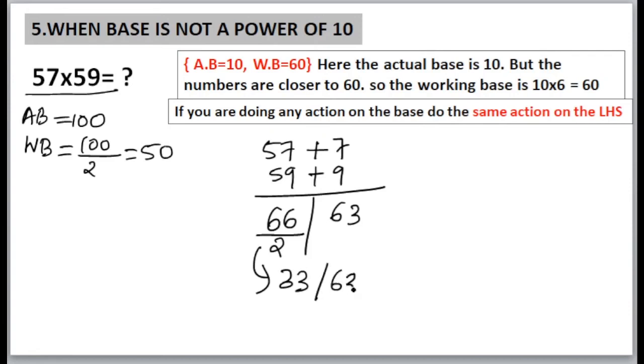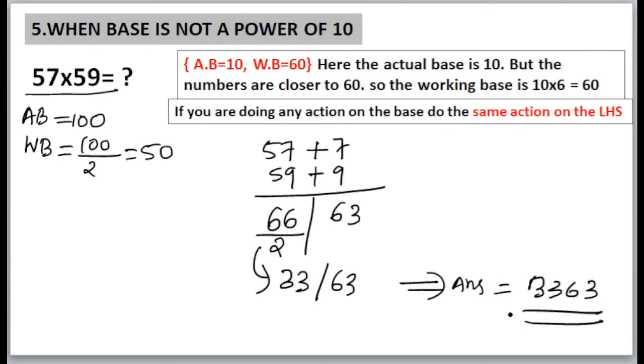So your final answer will be 33, 63. 3363. This is your final answer. So I will write your RHS and LHS terms here.